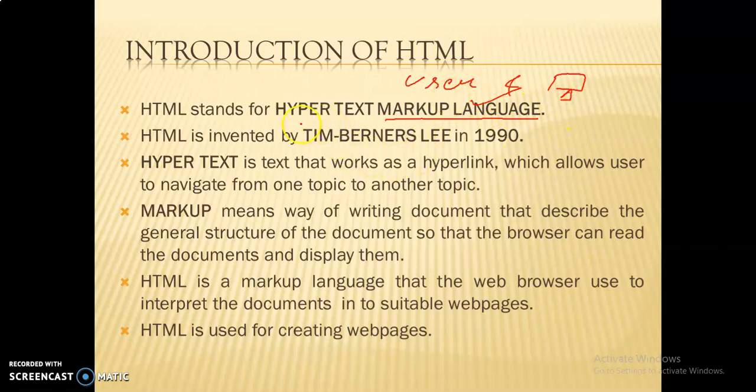There is a term hypertext. What is the meaning of hypertext? Hypertext is a text that works as a hyperlink. What is a hyperlink? A hyperlink is a concept in HTML which allows the user to navigate from one topic to another topic, or you can say from one web page to another web page. What is the meaning of navigate?